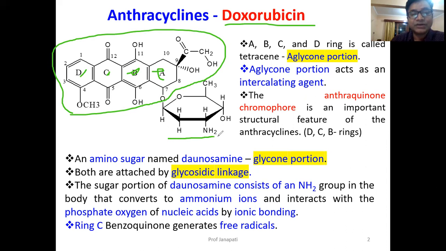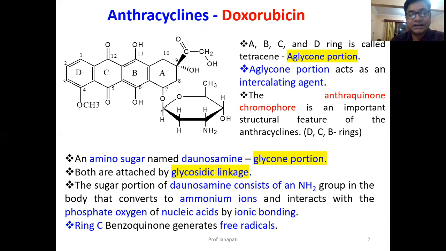And this is the sugar portion, called daunosamine. Both the sugar and non-sugar portions are linked together by a glycosidic linkage between position 7 and position 1 of the daunosamine. So this is a glycoside, as we learned.